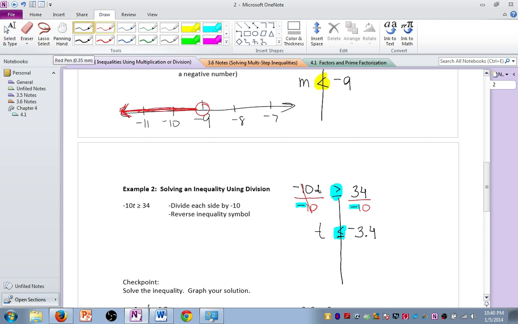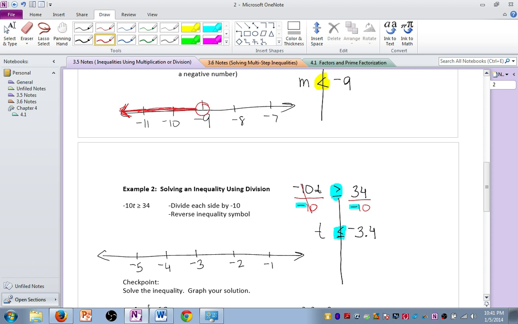So when we create our number line, I'll put -3. And because we have a -3.4, that's almost 3.5.